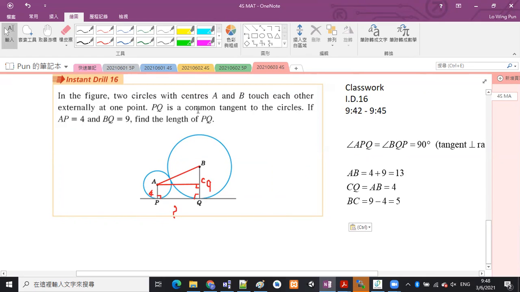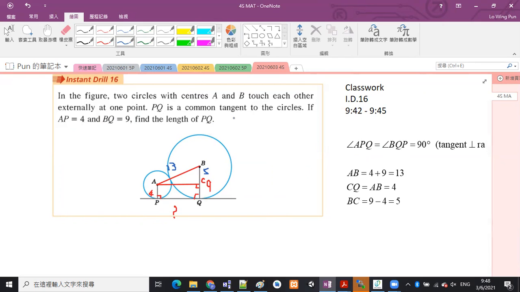So what have we found? AB is 13 and BC is 5. We use our strongest skill. What is your strength? Yes, Pythagoras theorem.